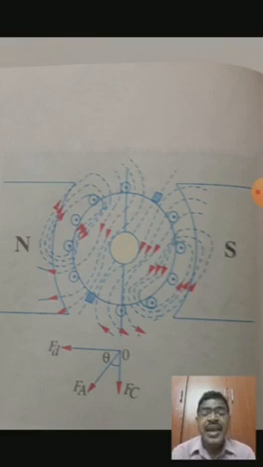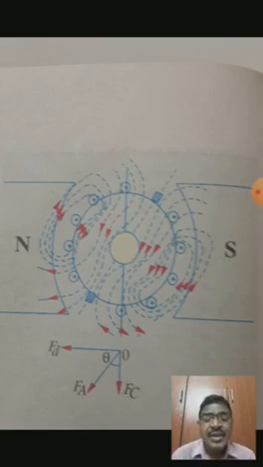This demagnetizing component will reduce the flux available in the DC generator. Hence it reduces the EMF induced in the DC generator, since it is directly proportional to the magnetic flux. And the next component FC, which is called the cross magnetizing component, will distort the magnetic flux in the air gap between the armature and the field coils.